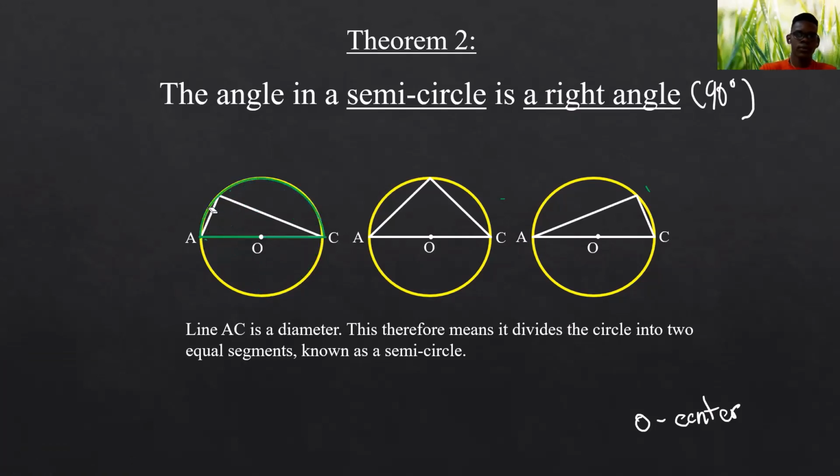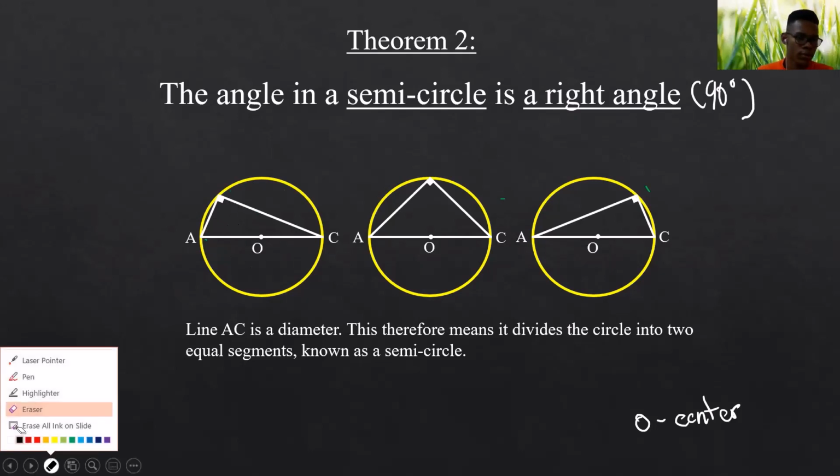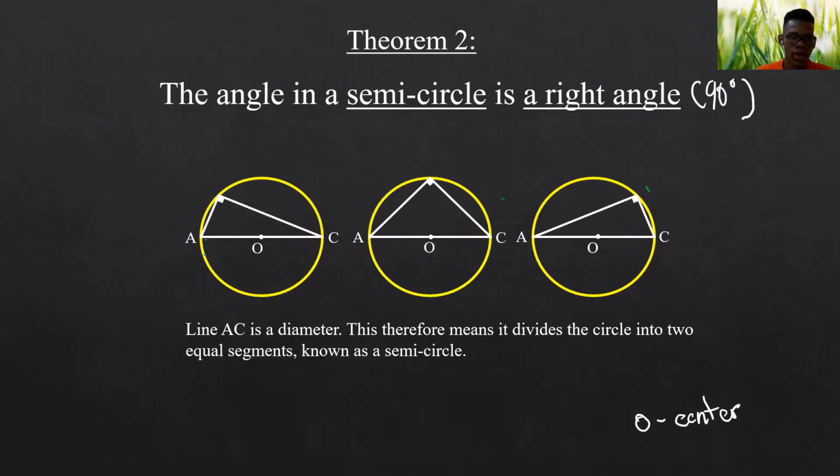These are all semicircles. They're all 90 degrees. That's it. A few points to note. This should be obvious, but if the angle is coming out of the semicircle, this is not 90 degrees, it's not within the semicircle.